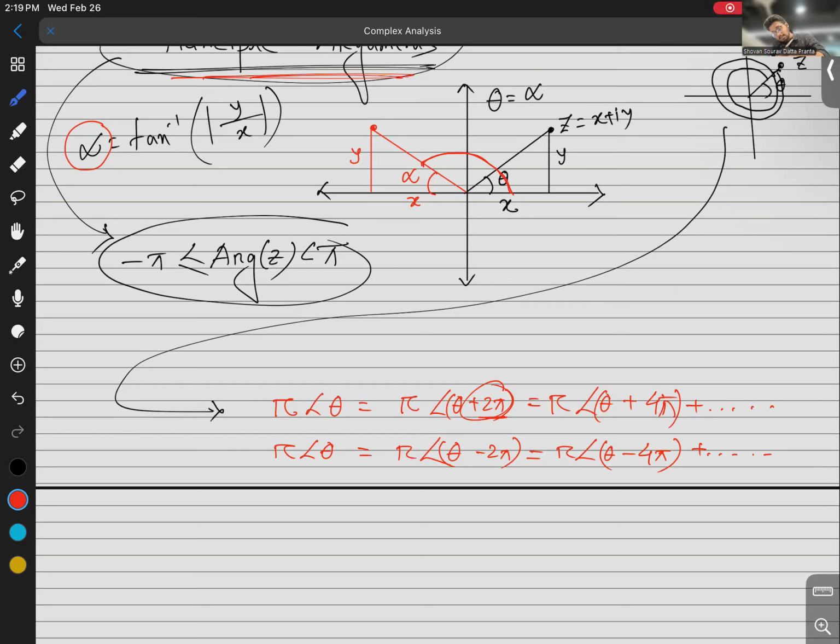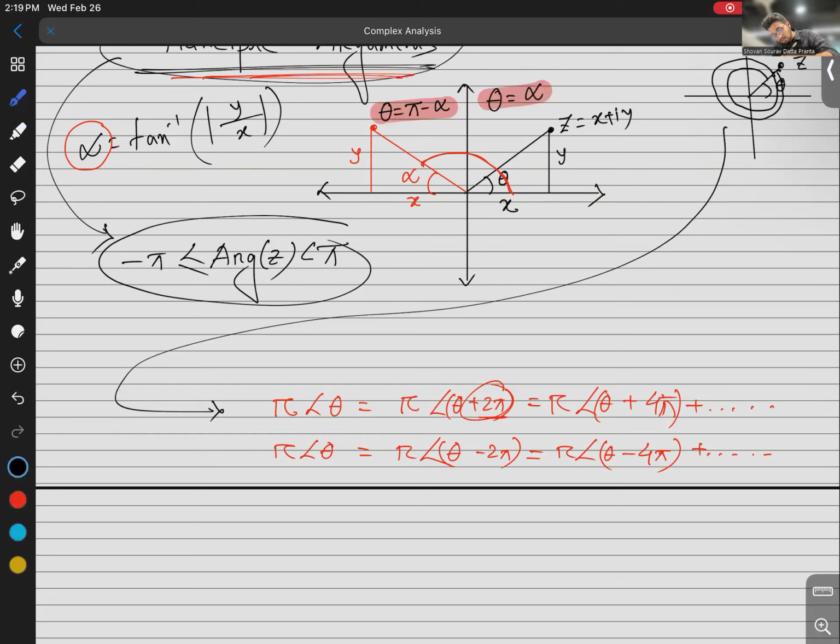So in the second quadrant, our angle will be theta equal to pi minus alpha. So this is the principal argument for the first quadrant, and this is the principal argument for the second quadrant.